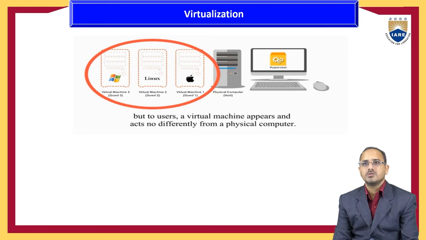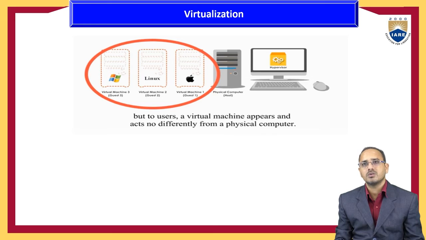But to users, a virtual machine appears and acts no differently from a physical computer. So even though it seems to be a virtual machine, for us who are making use of the resources in running applications or projects with the help of the cloud environment, in this virtual environment the host machine and the virtual machines will reflect the same.